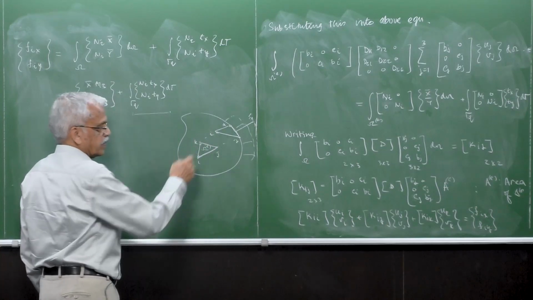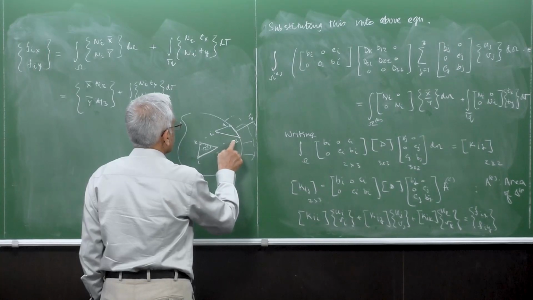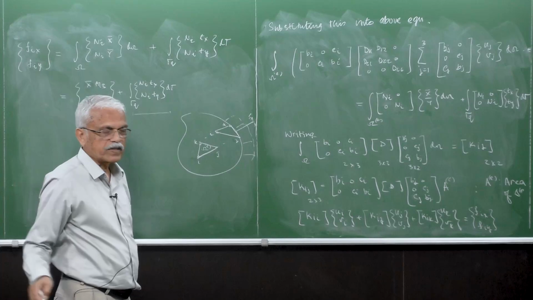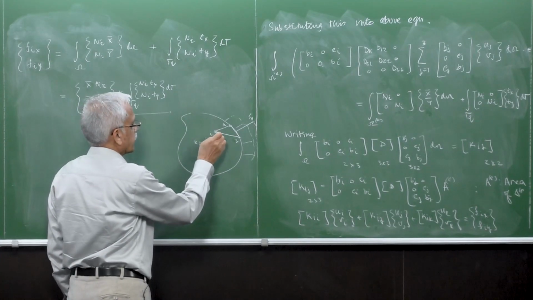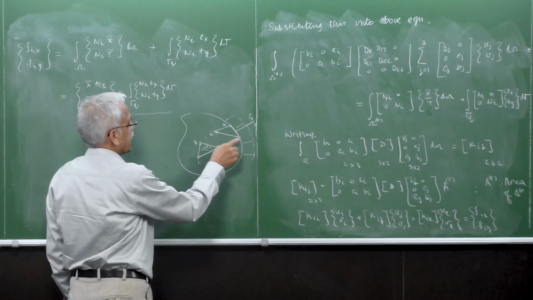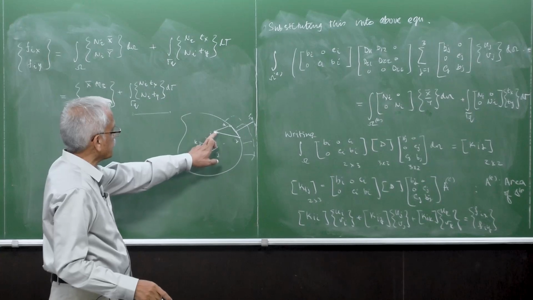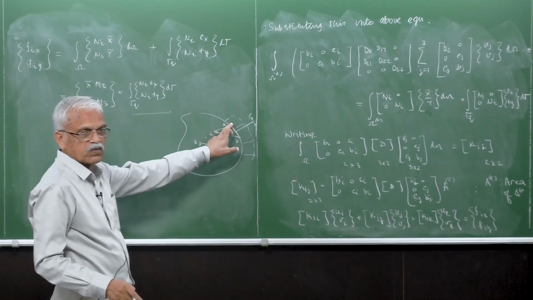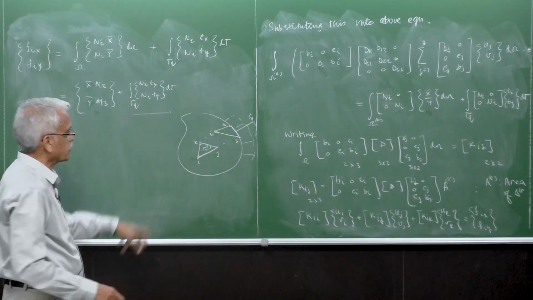Outside this, it is going to be 0. However, if you have the element right on the boundary, like this situation where you have one internal node I inside, then again the shape function Ni corresponding to this node I is going to be 0 on this. So its contribution is going to be 0.